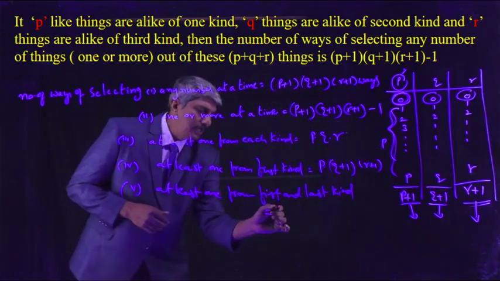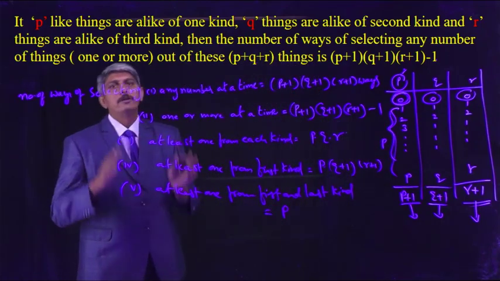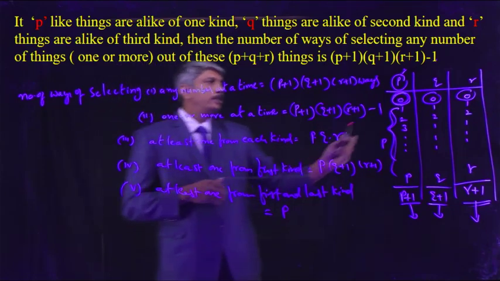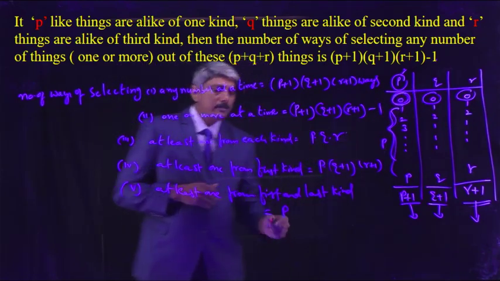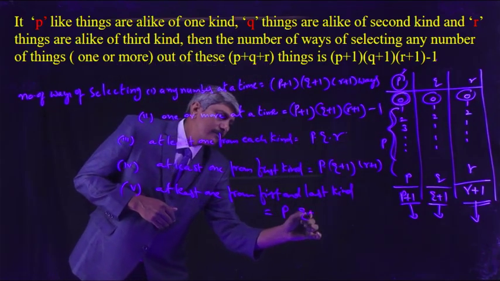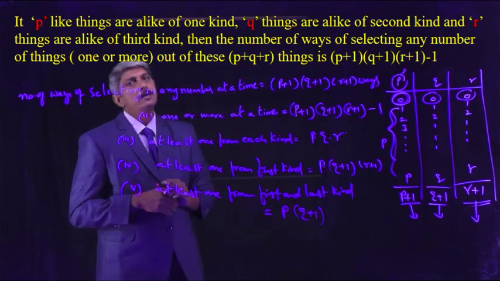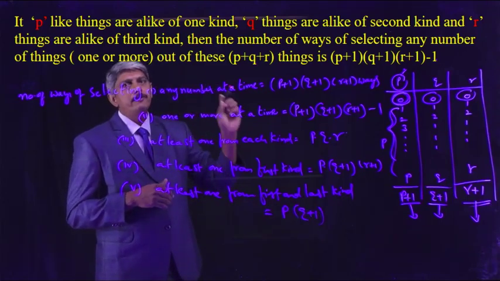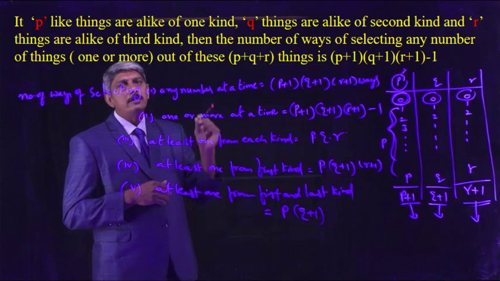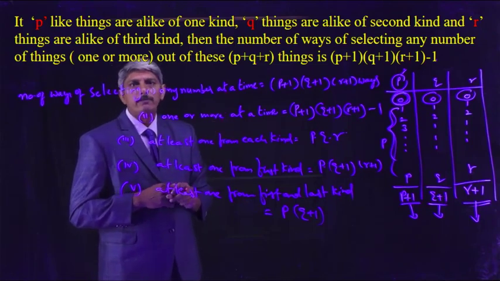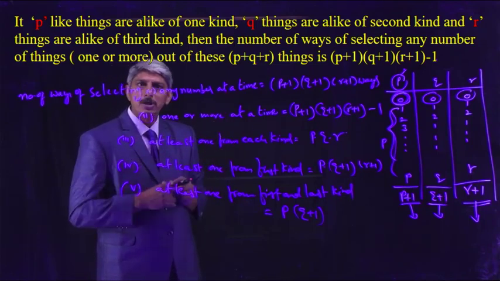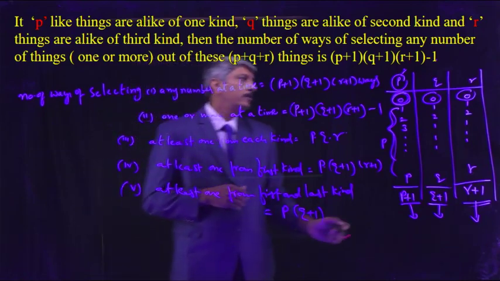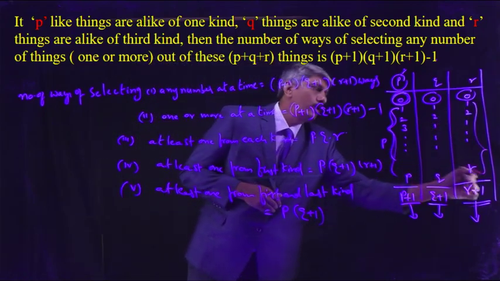There are P, because 0 is not included in the first kind. There is no restriction for the second kind, so it has Q plus 1 cases. And again there is a restriction for the third kind. In the third kind also at least one. That means 0 is also not included in the third kind.